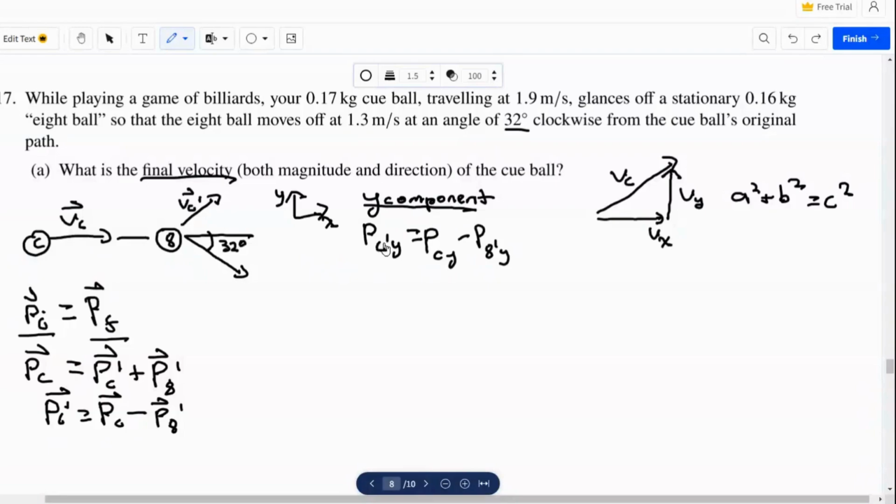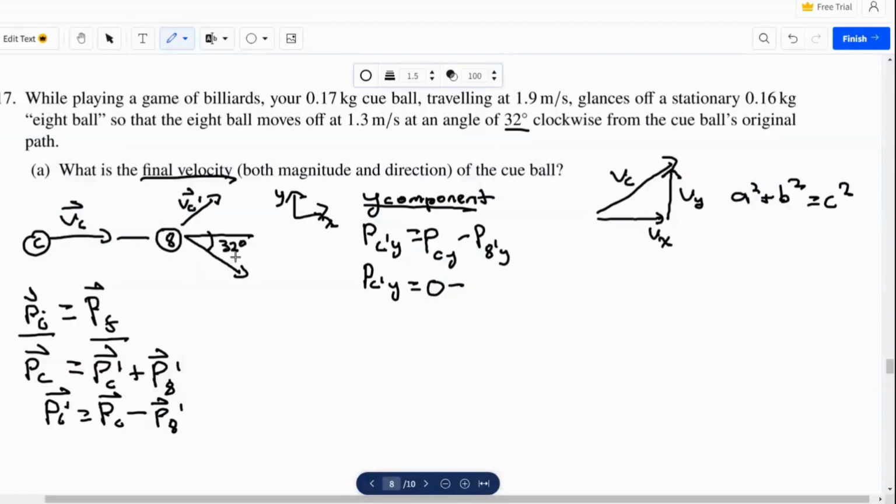The final y component of the cue ball, that's what we're trying to find. So PC prime y equals the initial y component of the cue ball. As we know, if this is x and this is y, then the cue ball is not going anywhere in the y component, so this would be just 0 times mass, which is just 0, minus P8 y.